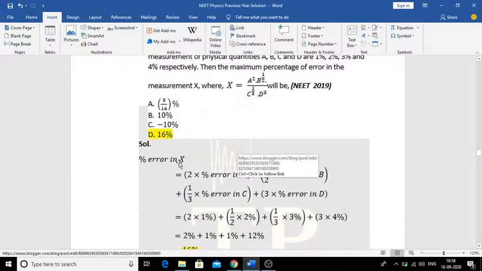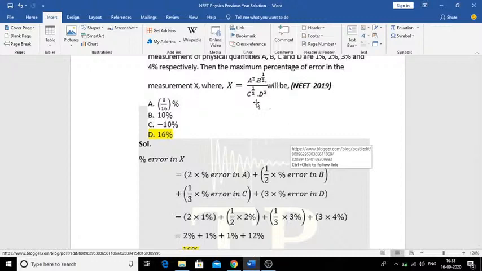We know that the percentage error in X can be written as 2 into the percentage error in A, then 1 by 2 into the percentage error in B, 1 by 3 into the percentage error in C, and 3 into the percentage error in D, because I have already told you that with relative errors, while doing multiplication and division, we just take these powers as multipliers. So we have just multiplied them.